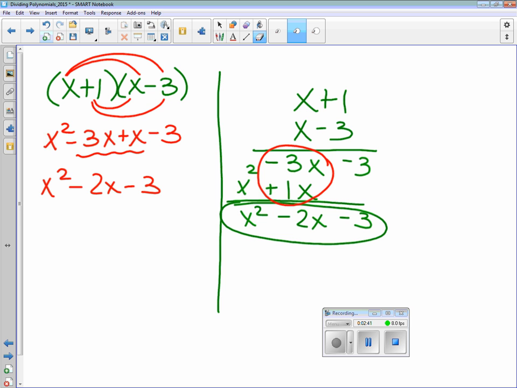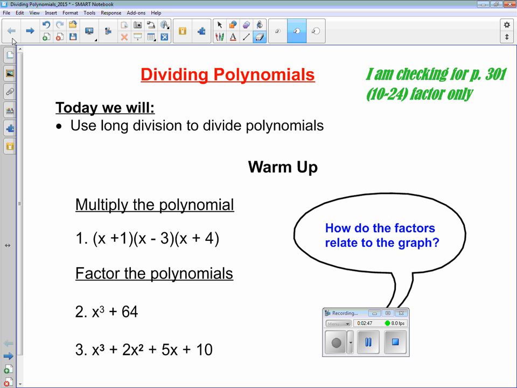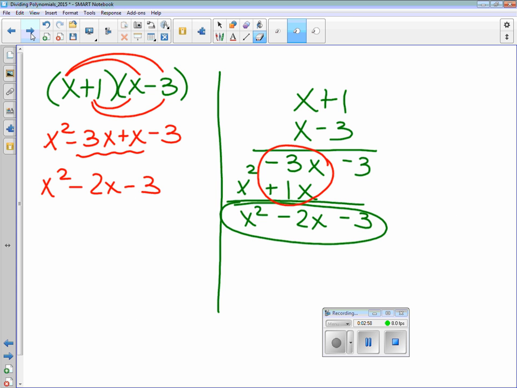Now, I'm not finished yet, because how many have I multiplied? Just the 2. If you look at the original problem, how many things do I have to multiply? So I have to multiply the answer I just got by the last one, x plus 4. So I'm going to take this and multiply it times, what was the factor again?